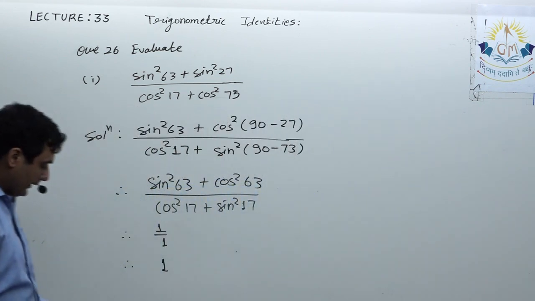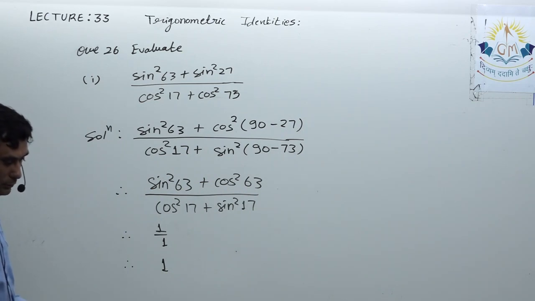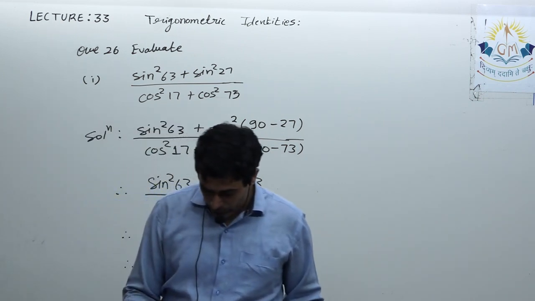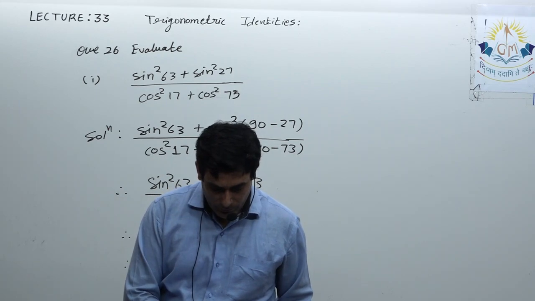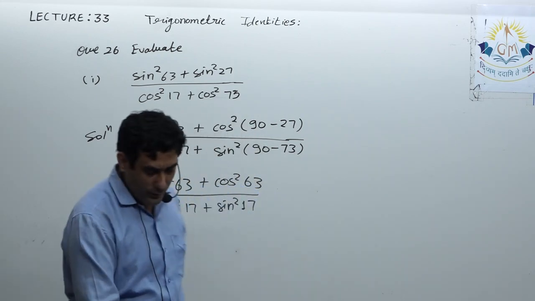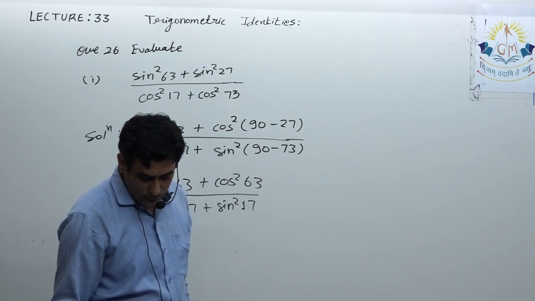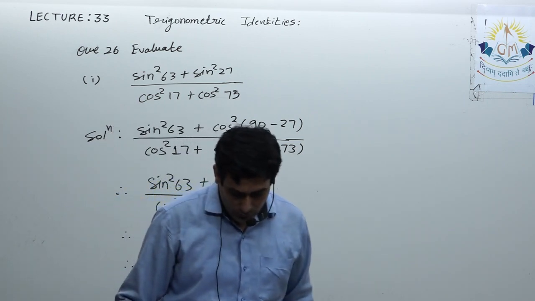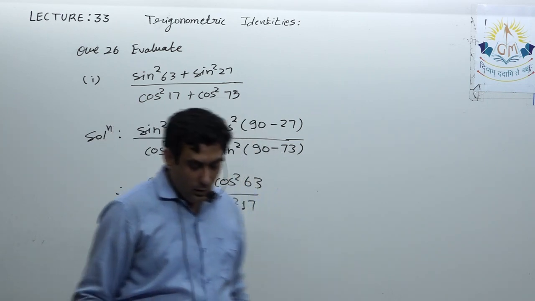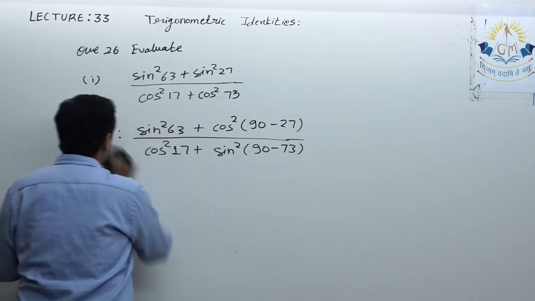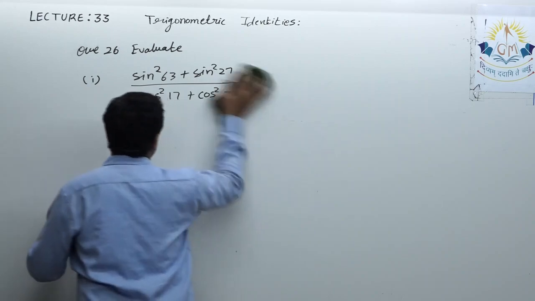Okay, now we'll see the next question. See, 26th question number 2, that is for your homework. Now before I start question number 27, from question number 27 onwards, there are questions in which we have to prove the identities.